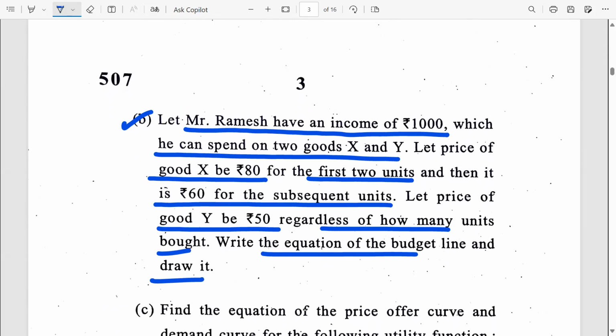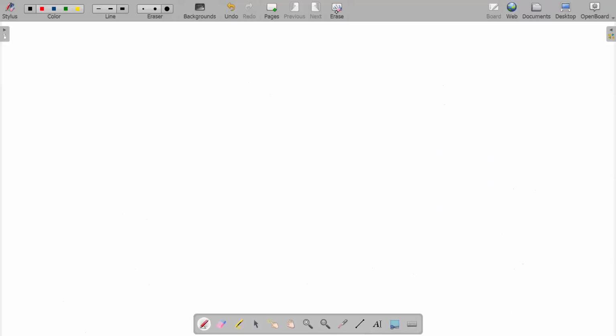So if I come back to the whiteboard, question 1, part B. I'm quickly writing first of all what is given to us. We are given that there are 2 goods, X and Y. Let me write them clearly.